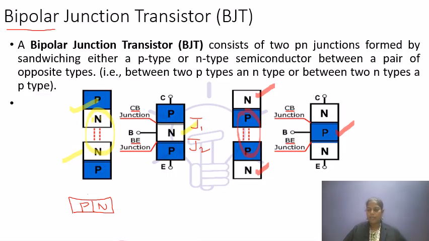Similarly, in the case of NPN, this portion between N and P is junction 1, and between P and N is junction 2. So we have two junctions, junction 1 and junction 2, so it is a bipolar junction transistor, which we can simply call BJT.